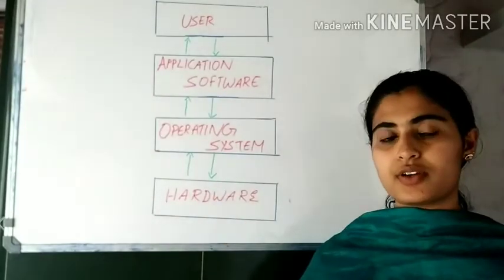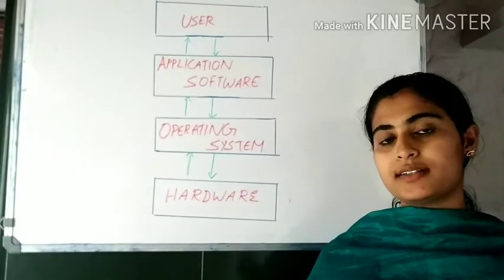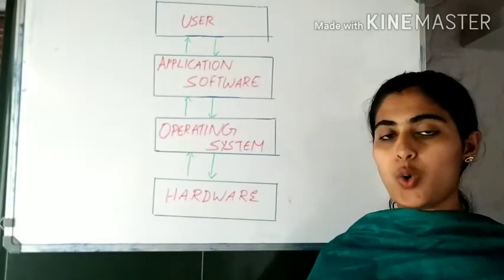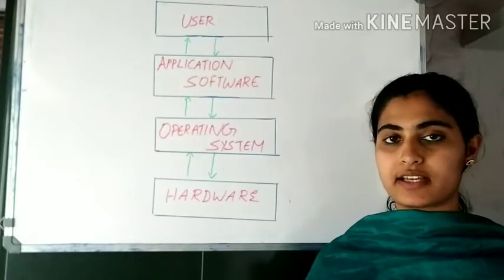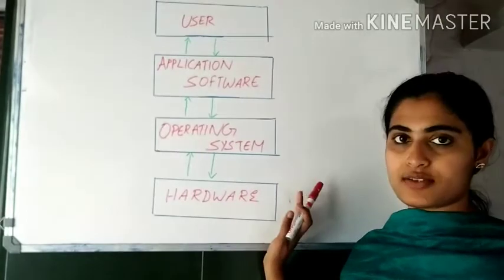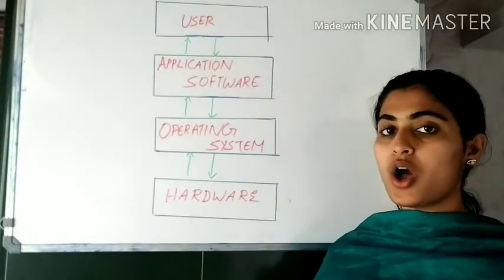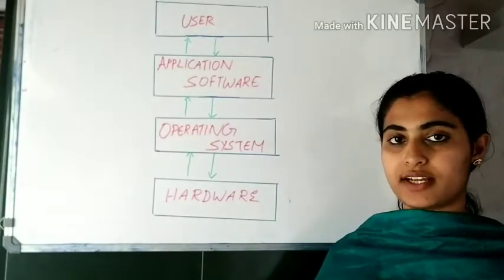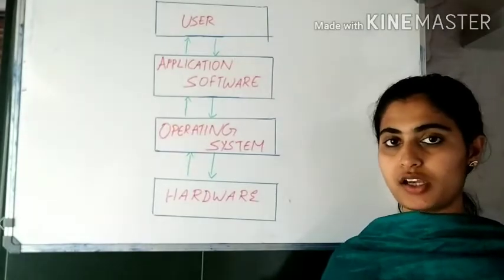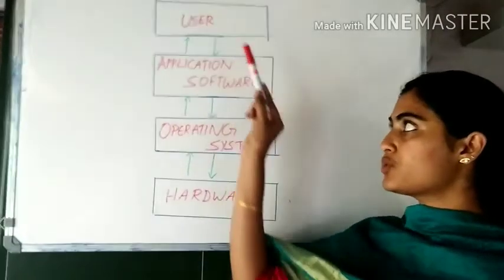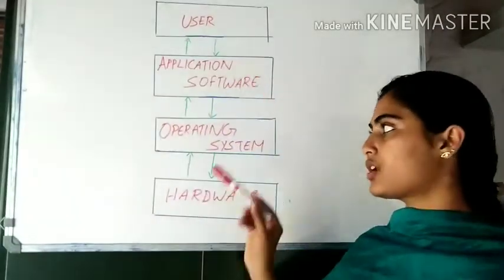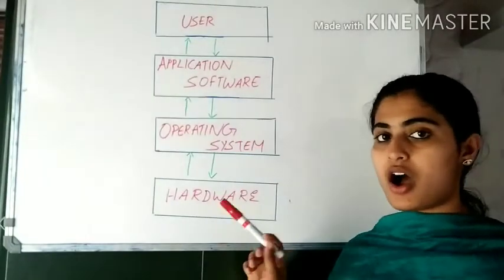This figure is to show you the position or how an operating system works inside a computer. This is a structure of a computer, and inside this we can look how an operating system works inside a computer. In this figure you can see there is a user, an application software, an operating system and hardware.